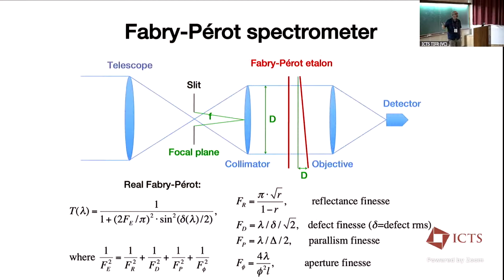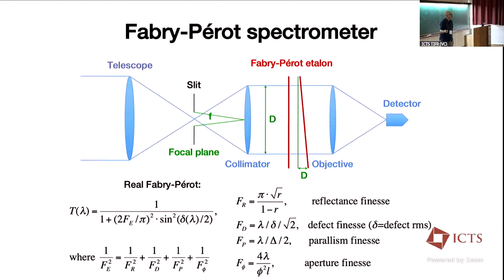This is for your curiosity, if you want to go into the slides, or if you want to check again how a Fabry-Perot works and what the limitations are. This is the formula you can go through. The problem is that, as I said before, interference happens only if the beam is parallel and the plates are perfectly parallel.